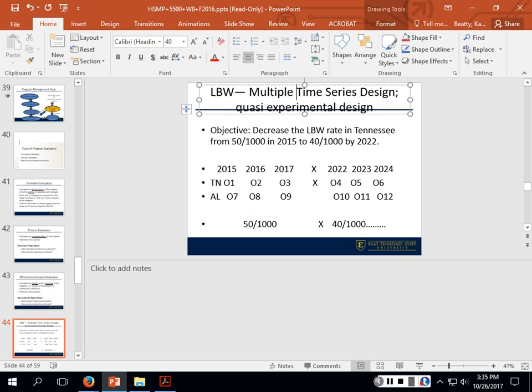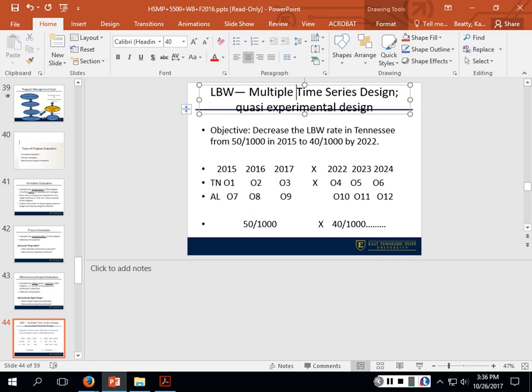I do. I guess, could you speak to what characteristics make it quasi-experimental and what could push it one way or the other? Exactly. So really, to call a design an experimental design, the control group has to be established by randomization.